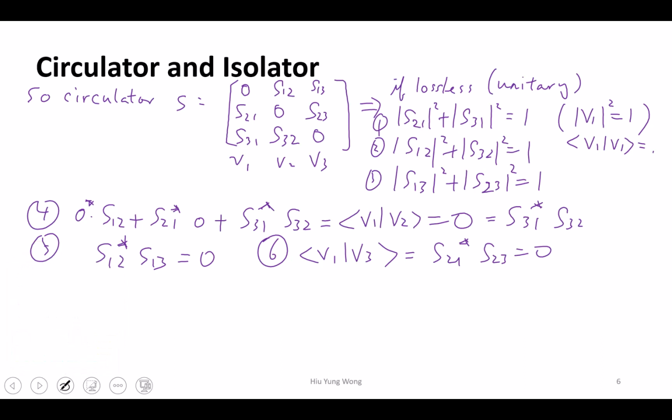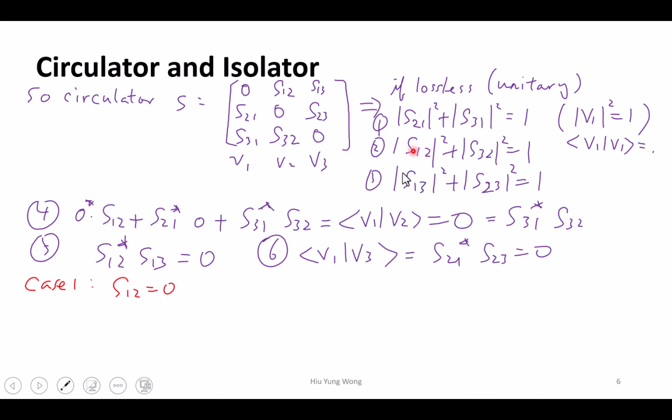Now the question is, look at this case 1. Let's do it one by one. I start with this. This number times this number equals 0. Then one possibility is S12 equals 0. So I start with S12 equal to 0. If S12 equals 0, where's S12? Here.